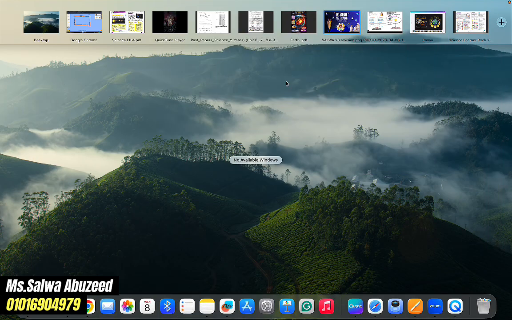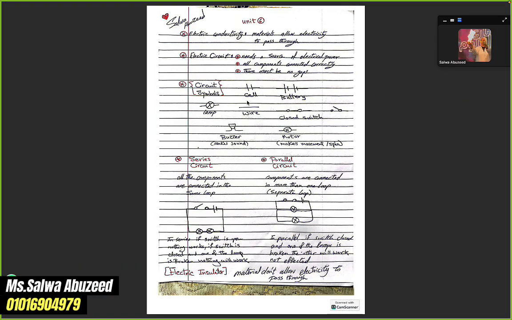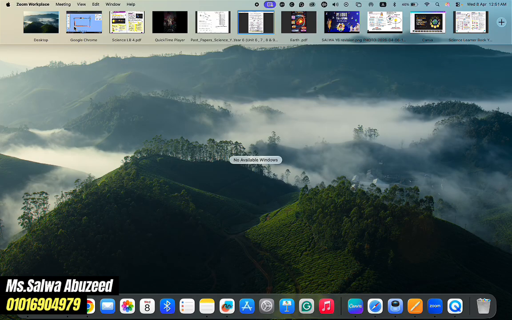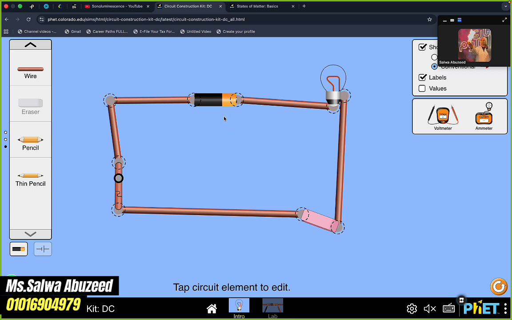We're first going to start with electricity. So first, to talk about electricity, let's see it in this diagram. In order to say I have an electric circuit, I need all my components to be connected together.